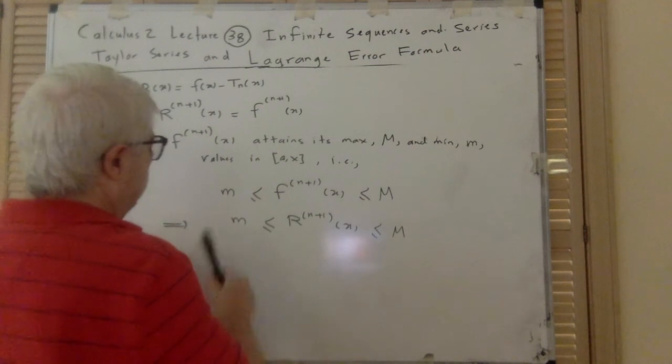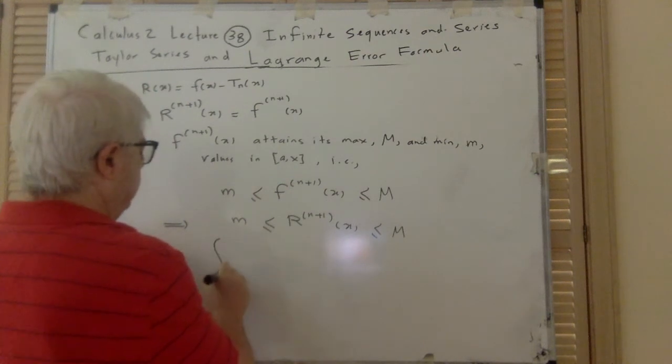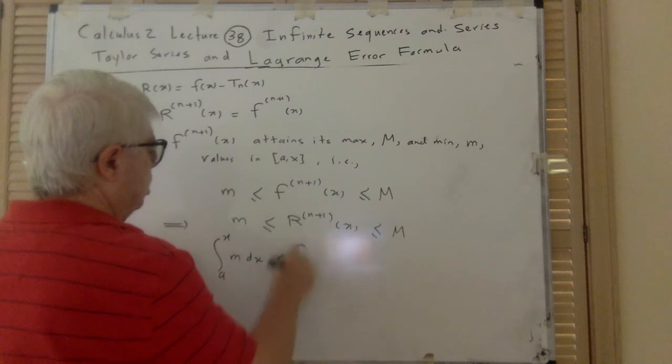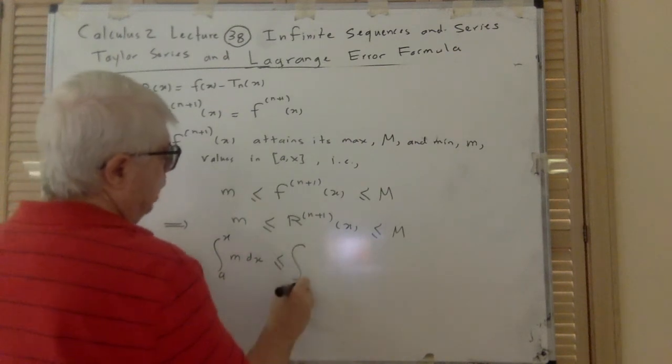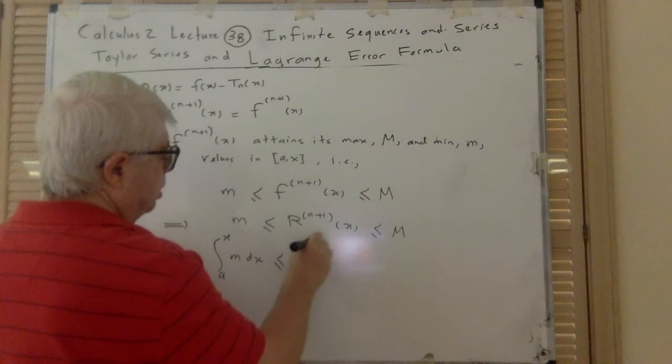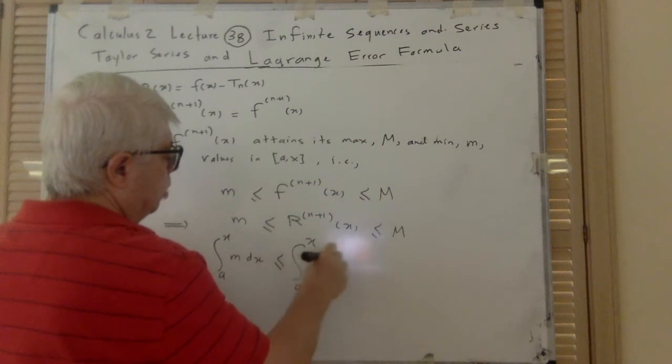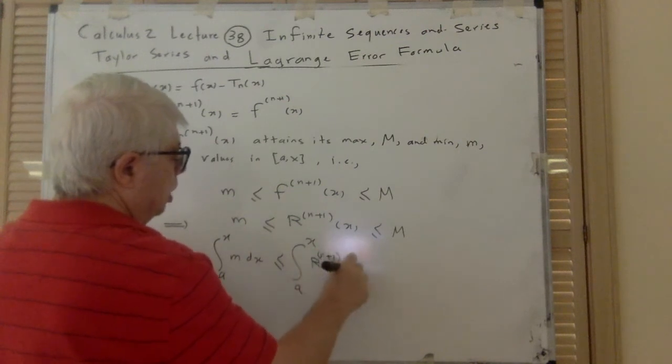So I can integrate from a to x, m dx, and this inequality stays, from a to x, R^(n+1)(x) dx.